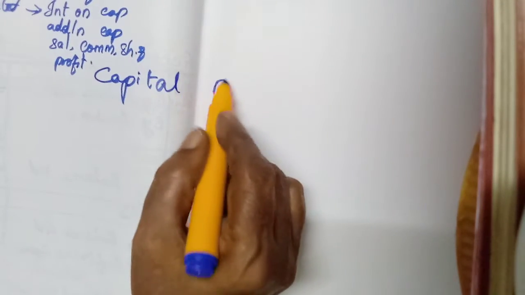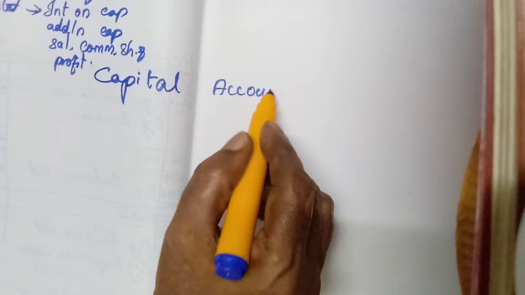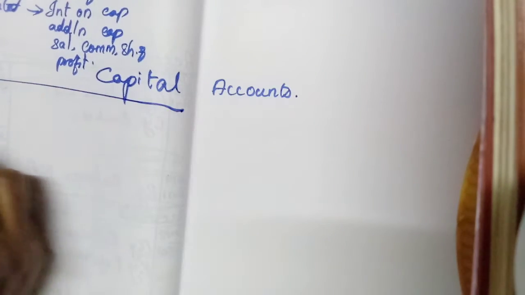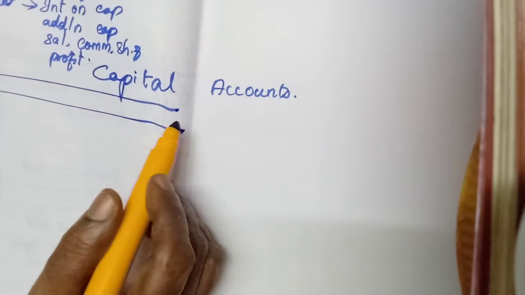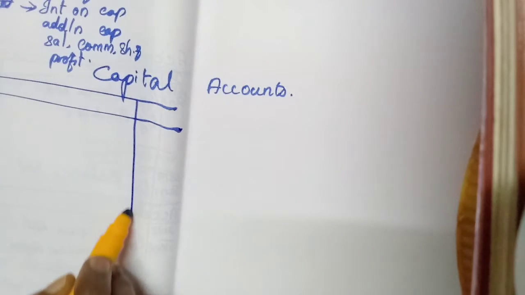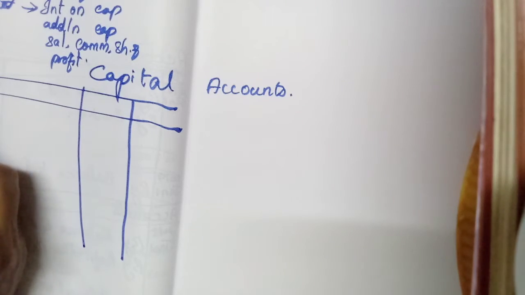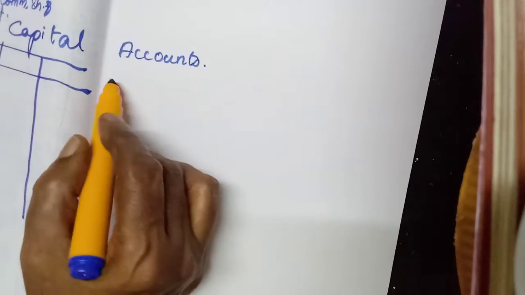Capital accounts. First you should write the number, 4. Capital accounts. Here, 2 amount columns we have to draw, 1, 2. Then for the date, 3 columns.